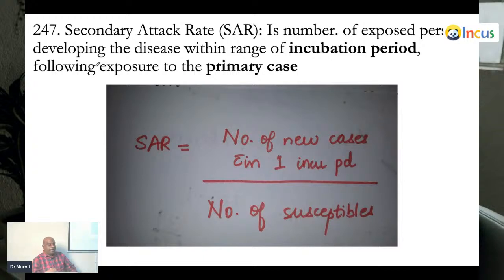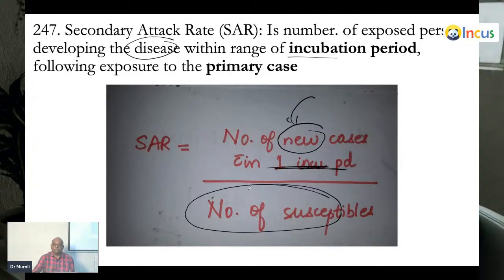So you should know that the number of exposed persons developing the disease who are exposed to the primary case within the range of one incubation period after exposure to the primary case will give you secondary attack rate. So secondary attack rate is number of new cases in one incubation period divided by number of susceptibles.